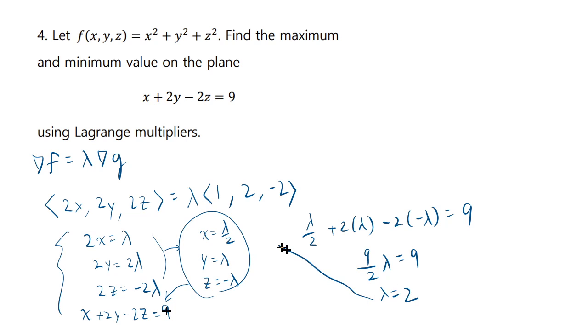Once you have that, you plug it back in, you get x equals 1, y equals 2, and z equals negative 2 as some extrema.